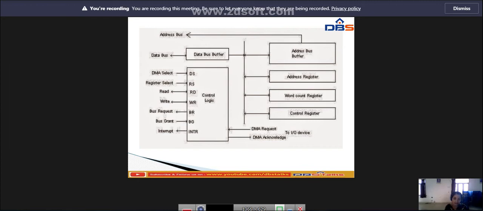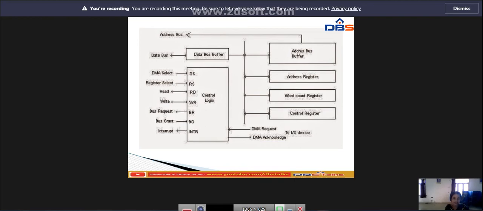They are the three registers available in the DMA controller. Now I have explained the address register. What is meant by the address register? It specifies a desired location in the memory. The address bits go through the address bus buffer into the address bus.